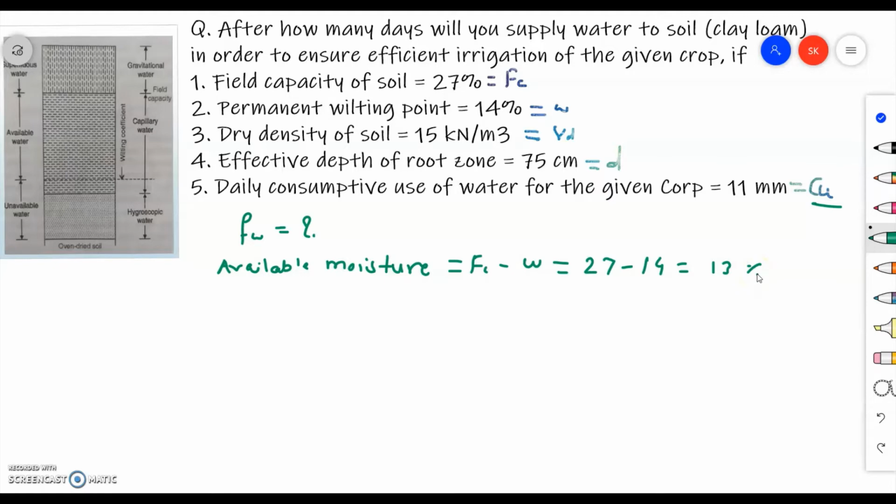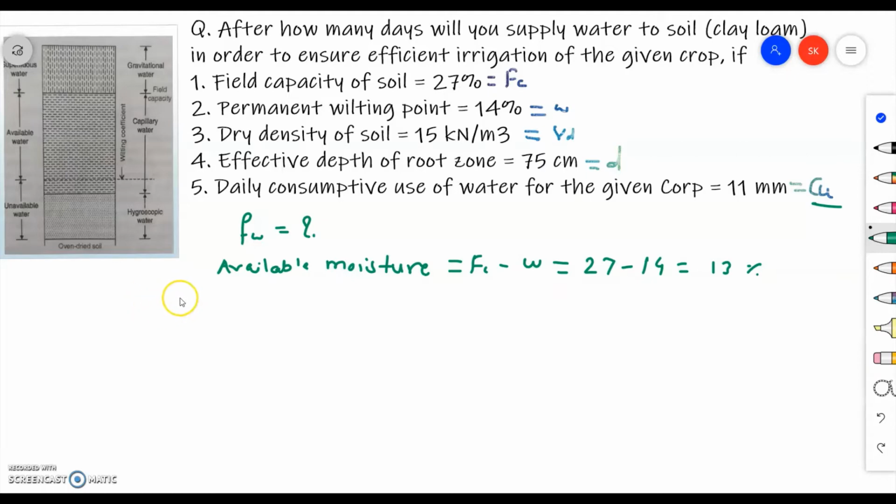Now basically the most important term is readily available moisture. Generally readily available moisture is just above this particular wilting point. Whatever moisture is available, that can be easily absorbed by the plant. So that we need to calculate, and generally it is assumed that it can be 75% or 80% of the available moisture.